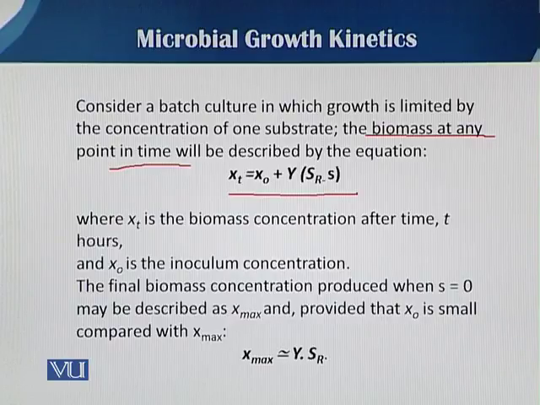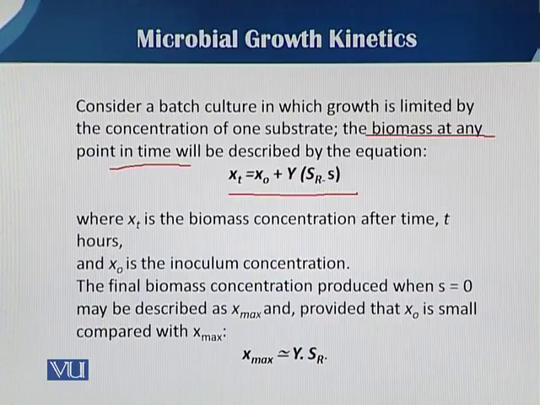Suppose our strategy is that we only add the substrate when there is no more available in the fermentation vessel. Then we add it. That is the limiting substrate. When we say limiting substrate, it means that the substrate has now been fully utilized by the organism.